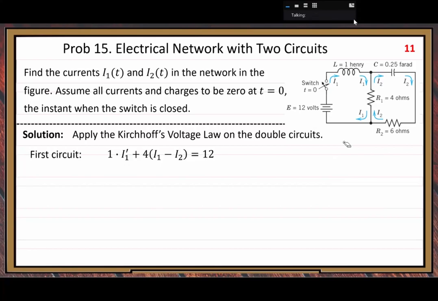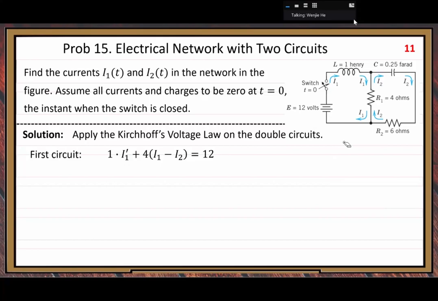I1 is the clockwise direction, I2 is counterclockwise, the opposite direction, so you need to use I1 minus I2. Then E is 12 volts, the first equation.